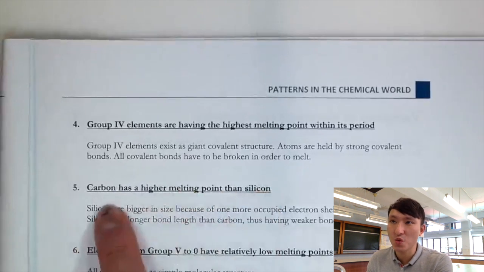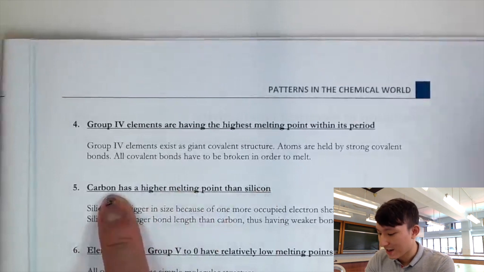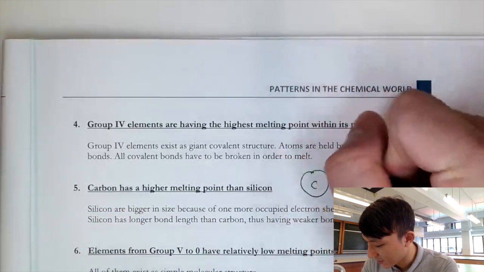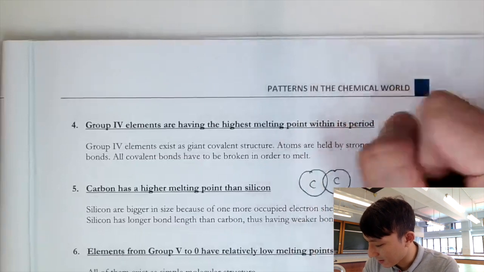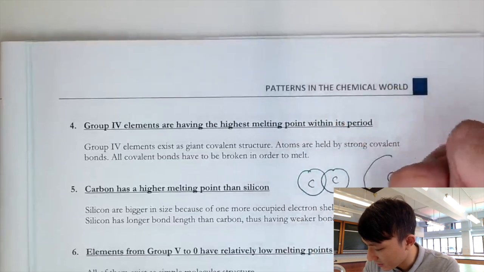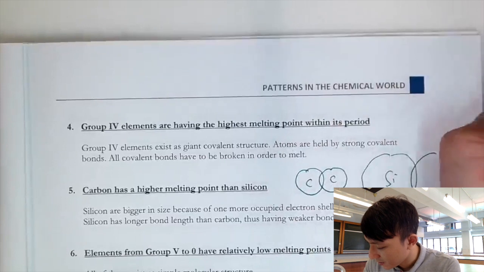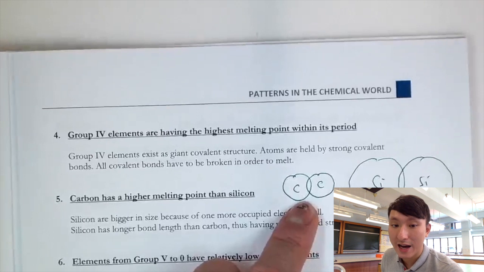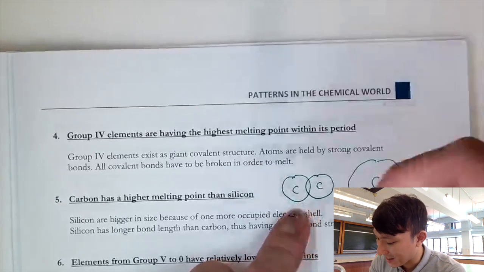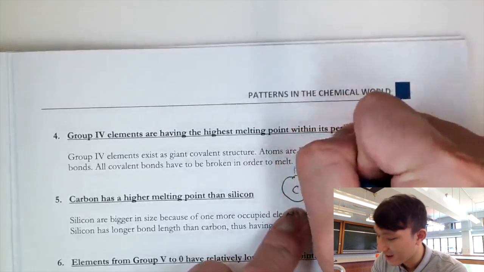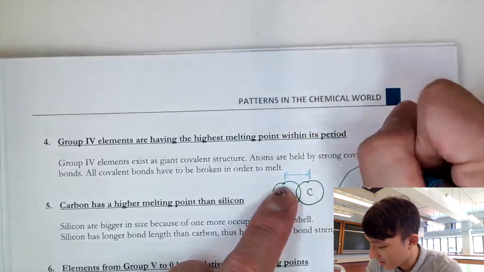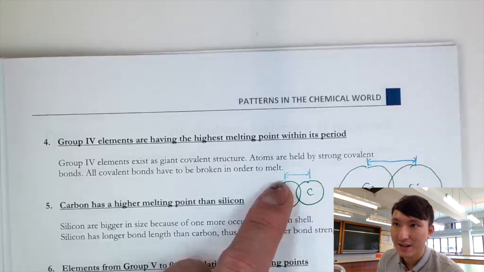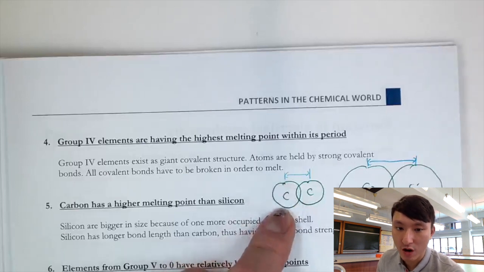Now this one has to do with the size, because carbon is smaller when compared to silicon. So if we have a smaller size, then the bond length will be shorter, right? With a shorter bond length, the bond strength is stronger.